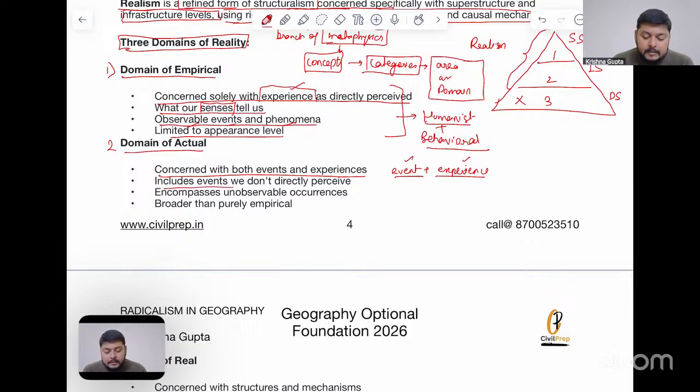It includes events we don't directly perceive. Okay, so it also takes into consideration the events which were directly concerned with us and the events which were not directly concerned with us but which influenced us. For example, the RBI policy, a government scheme, a political debate.